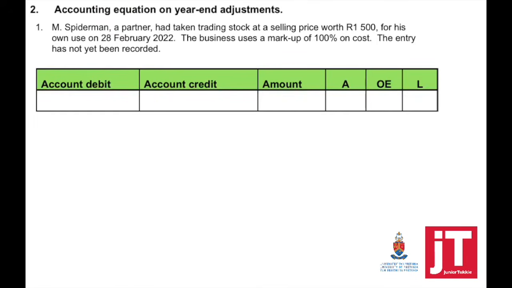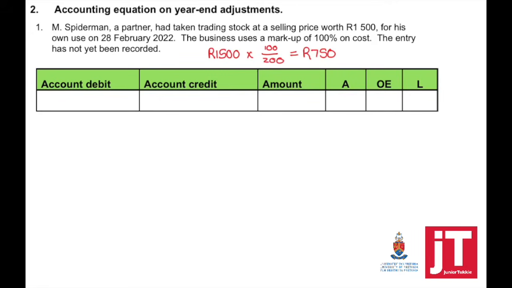Question 2. Accounting equation on year-end adjustment. Spider-Man, a partner, had taken trading stock at a selling price worth 1,500 for his own use on 28 February 2022. The business uses a markup of 100% on cost. The entry has not yet been recorded. If an owner takes trading stock for personal use, this is always at cost and not at selling price. This means we first need to calculate what the cost is.